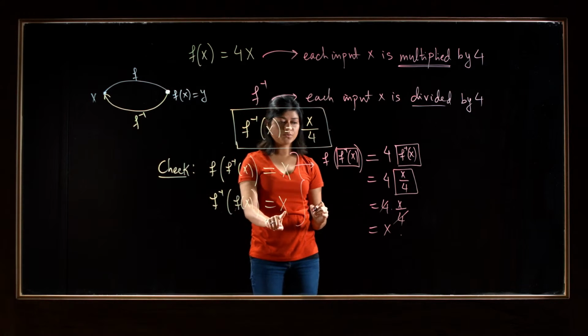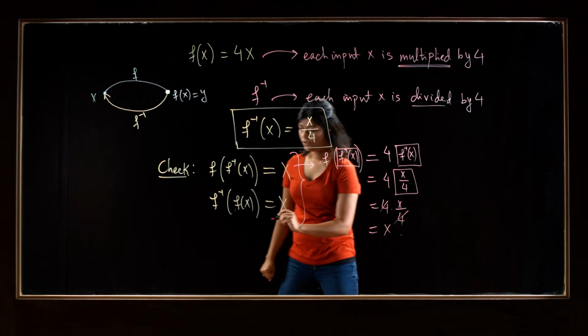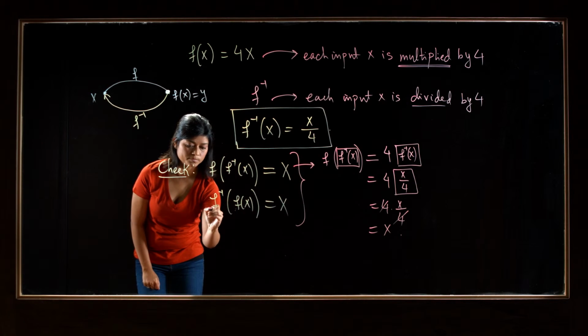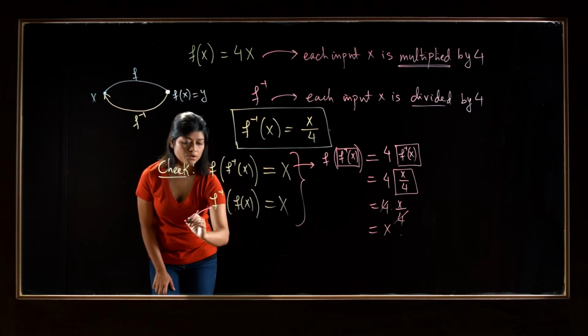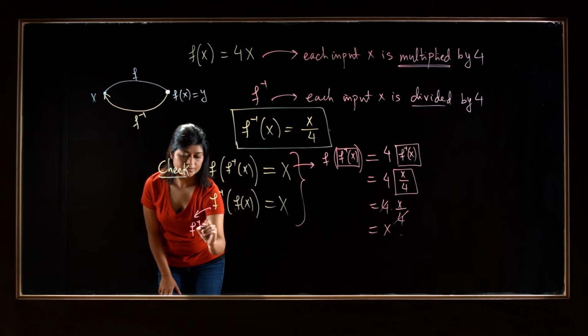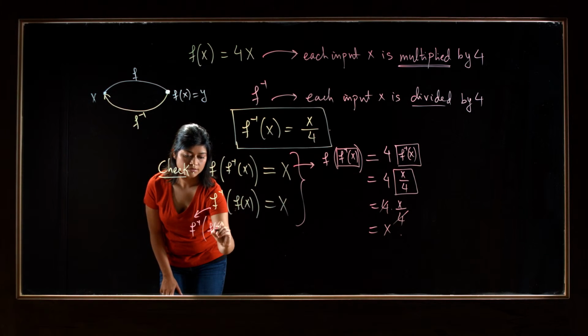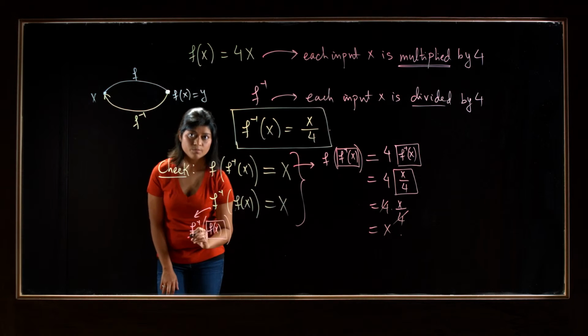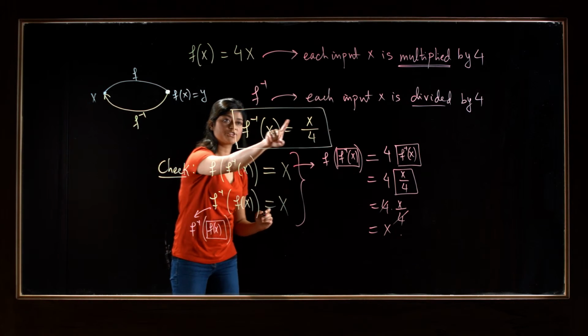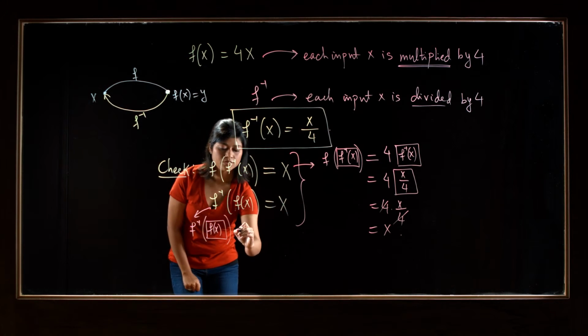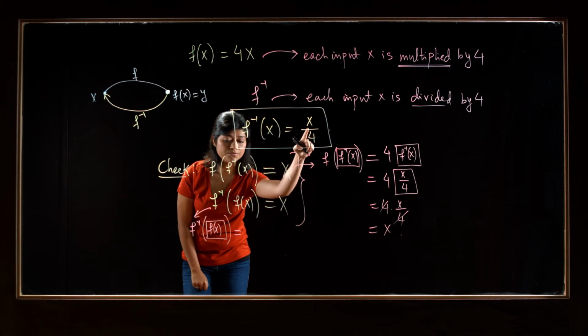Let's check the second one. For the second one, we have f inverse of f of x. Now in this case, f of x is in the empty box, and you use the expression of f inverse, which is x over 4.